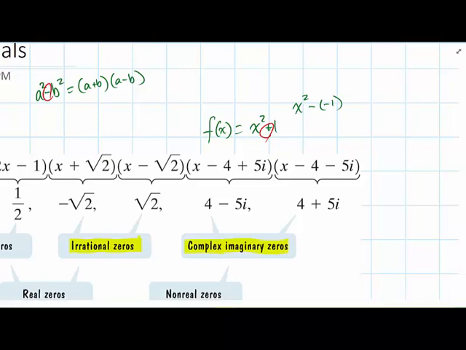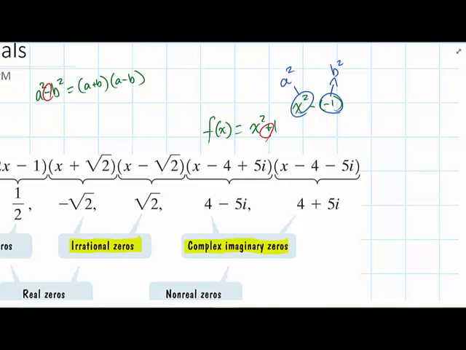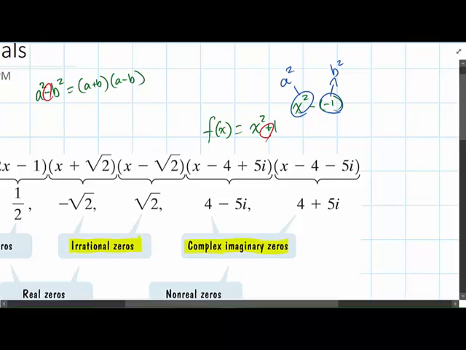So this would become b squared, and this would become a squared. So that would be a squared minus b squared. So that would work, except it would be complex. So right now it's a squared. So let's get a.